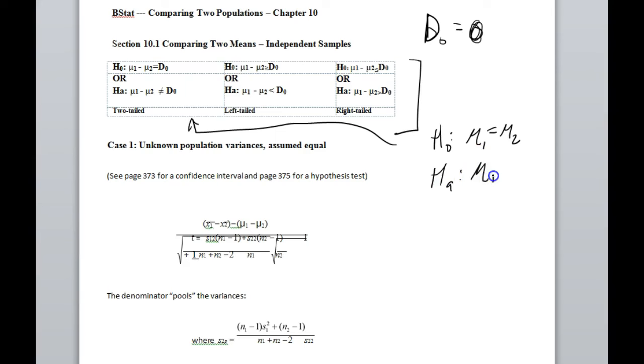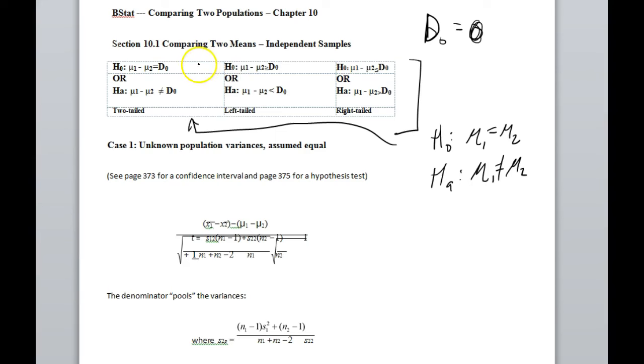So then for the HA, we would have mu1 is not equal to mu2. And that's that. The reason that they write the formula like this, where it's mu1 minus mu2 is equal to d naught, and the alternative is mu1 minus mu2 is not equal to d naught, is that it opens it up to, say you wanted to ask whether the two population means differ by a particular number.